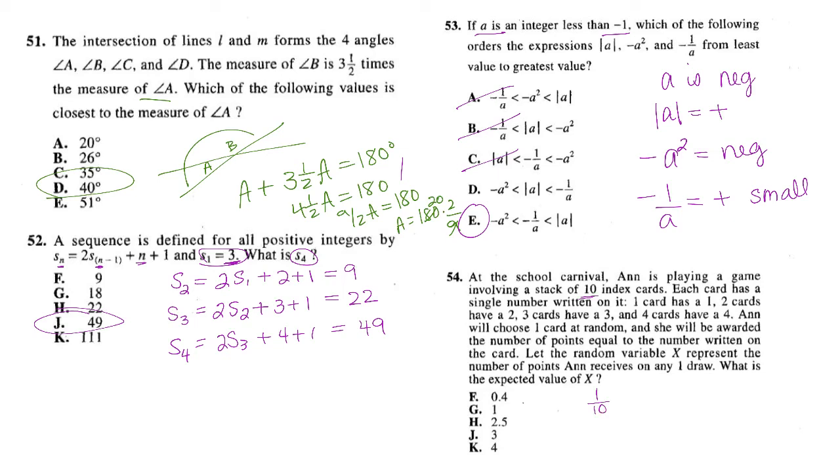So 1 of the 10 has a 1 written on it. Times, how many ways can that happen? Well, there's only one way that can happen. And then plus, because we end up adding all this up, we have 2/10, and there's 2 ways that can happen. 3/10 times 3 ways that could happen. And let's see, finally we have 4/10, and there's 4 ways that could happen. And so if we add up all of that, it looks like we're going to get answer choice J.